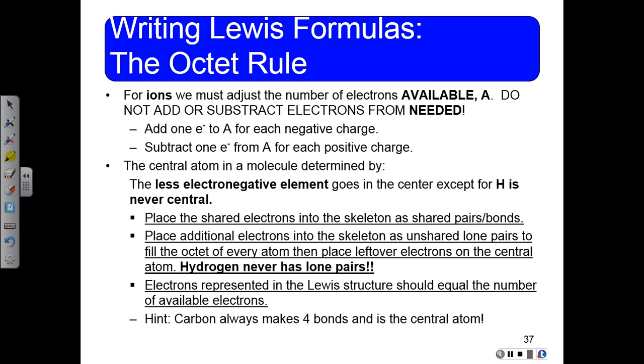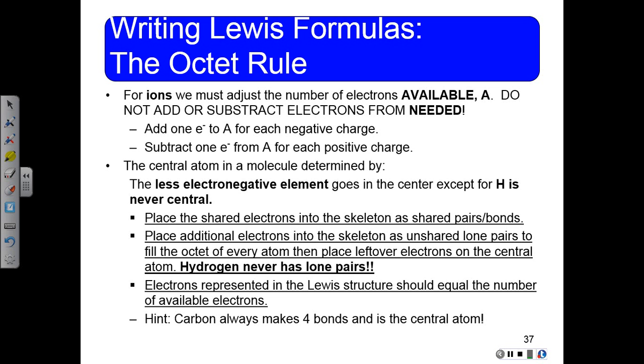You're going to start on the exterior. Whatever's branched off from your central atom, you fill in the lone pairs. And then if you still need more electrons, you put those on the central atom. We'll practice this. This one's not a good example of that. Then you go back and look at your Lewis structure, and the electrons you represent should equal the electrons here.